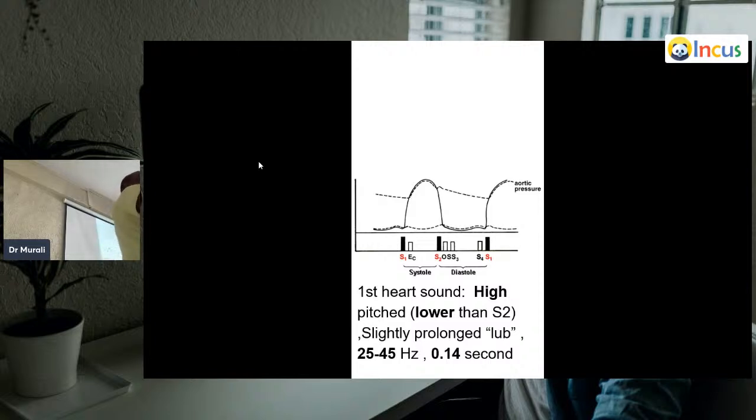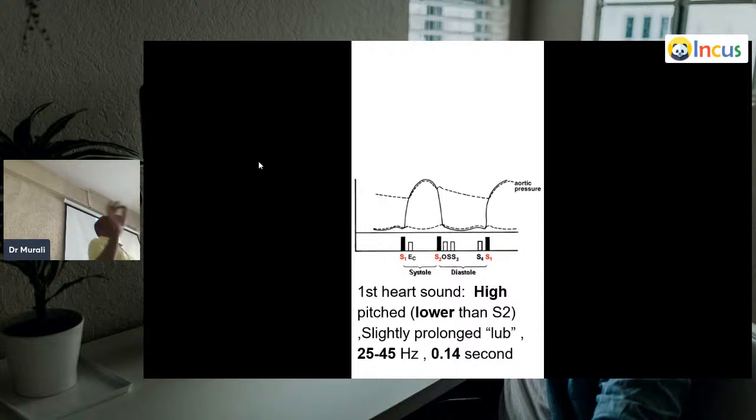Between the pitch and amplitude, if you have a high amplitude, bell is needed. That means high amplitude, low frequency, you use the bell, and low amplitude, high frequency, you use the diaphragm, right?